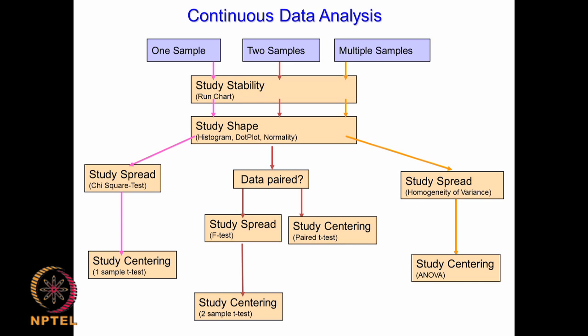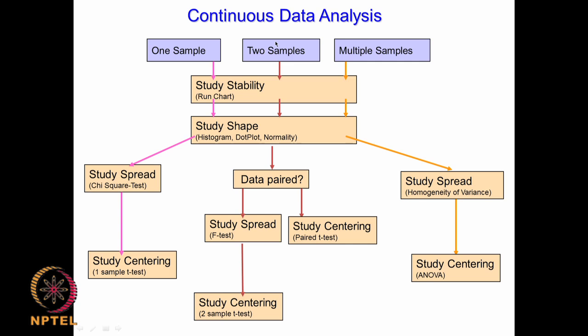I take 10 students in that school and calculate their 12th standard average, and I may get some x bar. Now, I want to know whether this x bar is related to the 95% school average, which is more like a population, or is it very far away. Here we are collecting only one set of samples and comparing with the population, that is called a one sample test or one sample t test. We are comparing the mean of the sample with the population mean.